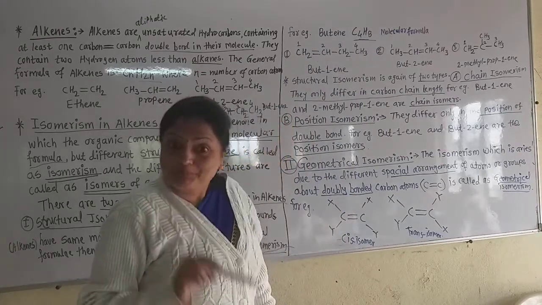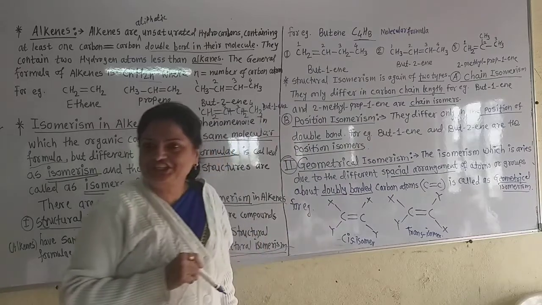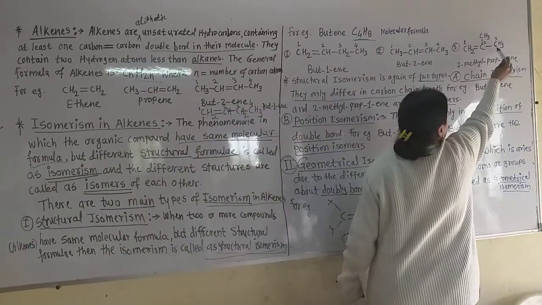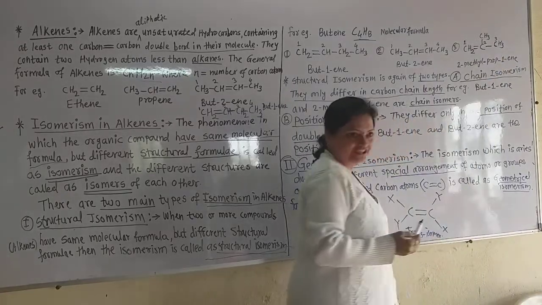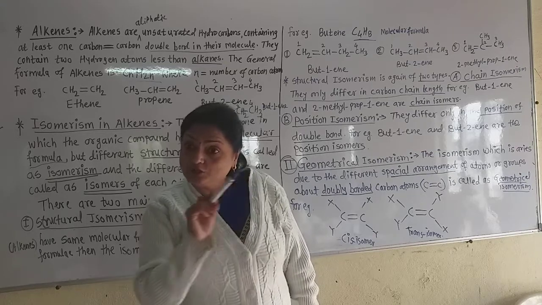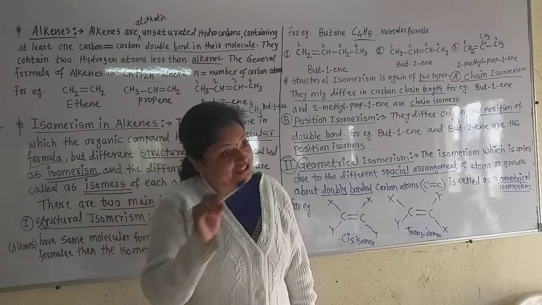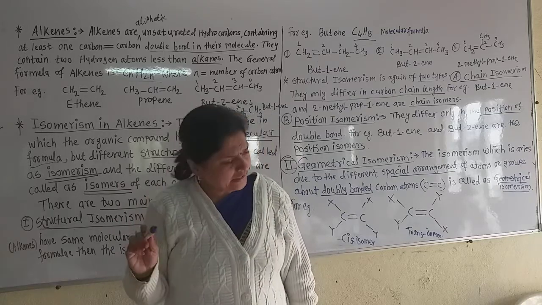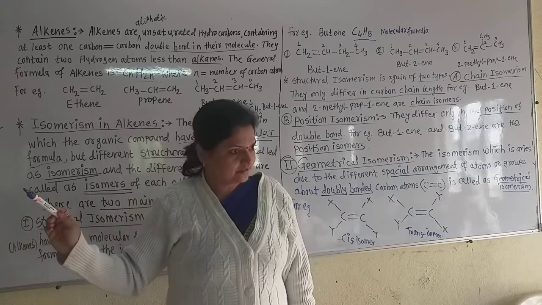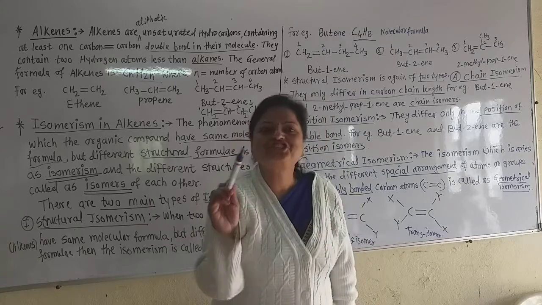But this is the long chain, the length of this chain is more than the chain of this one, because there is branching here. So they are different in the length of the chain. If isomers have the same molecular formula but only their carbon chain length is different, then such isomers are called chain isomers.